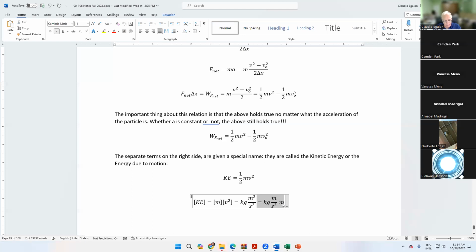Kilogram meter per second squared is the newton. This other unit, meter multiplied by newton, is the joule. So the kinetic energy has exactly the same unit as the work. But instead of calling it work, we call this a special type of energy, the kinetic energy.